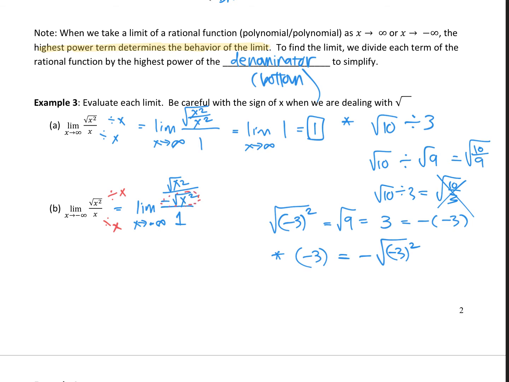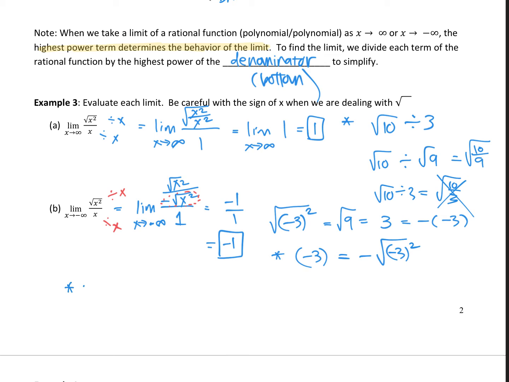So what did I get from there? On the top, I get negative 1. On the bottom, I get 1. So negative 1 is my final answer. I know it's kind of weird, but the answer is negative 1. You can double check.